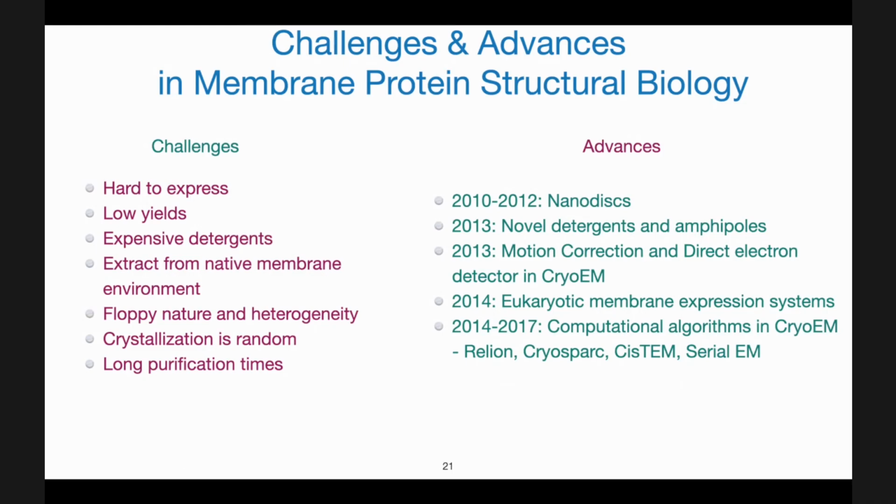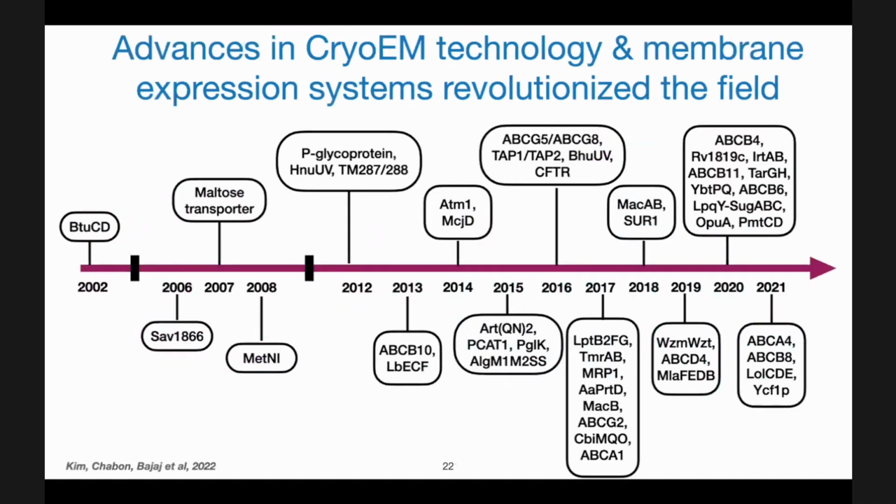Then we also have computational algorithms which have made a robust system for cryo-EM, like different software such as RELION, cryoSPARC, and SerialEM, making single particle cryo-EM such a robust and routine process. After all these advances, I'm happy to say that we can actually get the structure for MRP4, and I will show you that. These advances in cryo-EM technology and membrane expression systems have also revolutionized the field of ABC transporters as well.